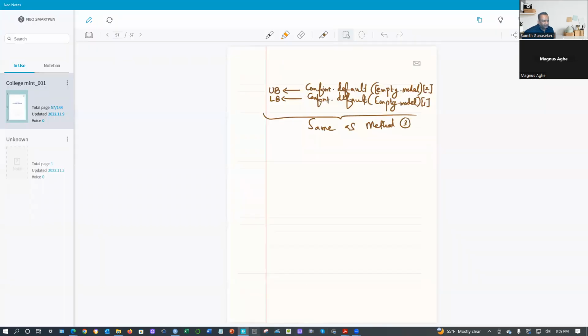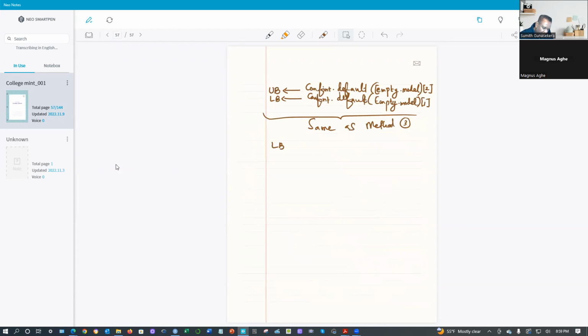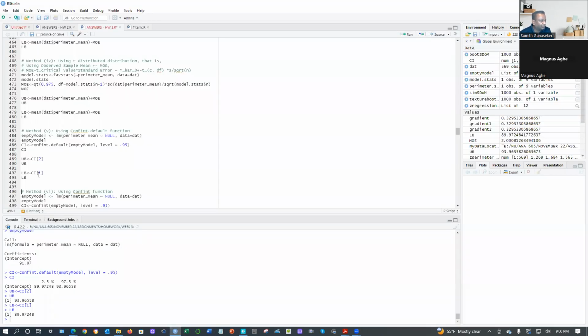If you have saved this one to CI, you can simply go and the lower bound is, oh, lower bound, you can go to CI 2 will give you lower bound.